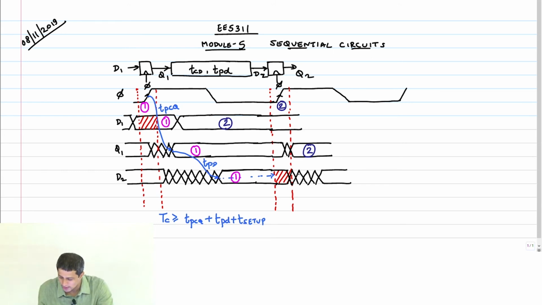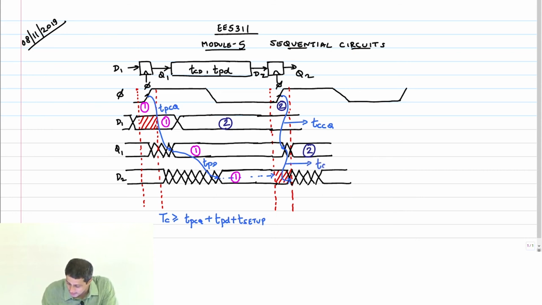Correct? So that's why this delay, now here, if you look at it, what is this delay? TCCQ, contamination clock to Q delay. From here, there is another contamination delay on the combinational circuit.